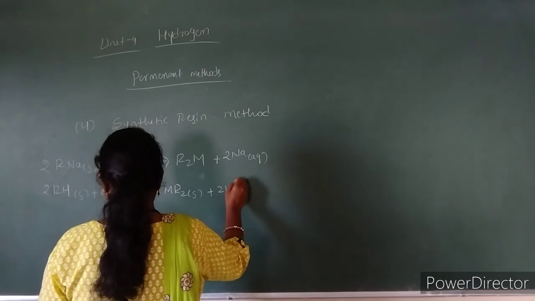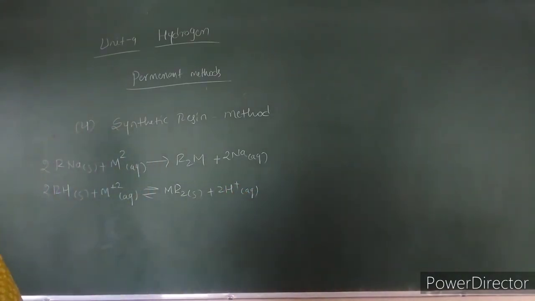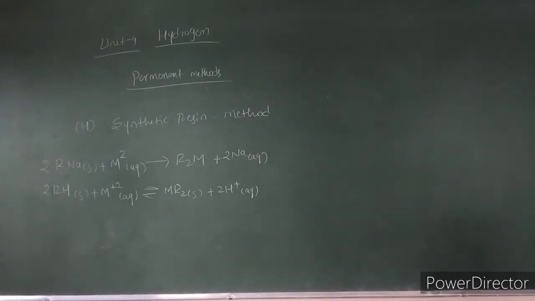In the cation exchange process, hydrogen is exchanged for sodium ion, calcium ion, magnesium ion and other cations which are present in the water. This process will result in protons and this will make water acidic.